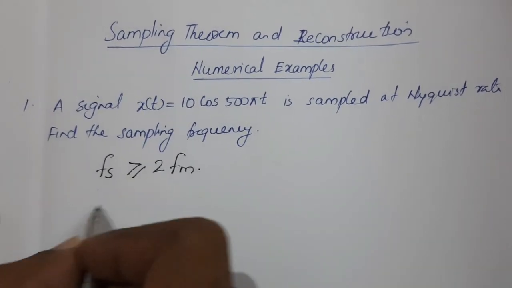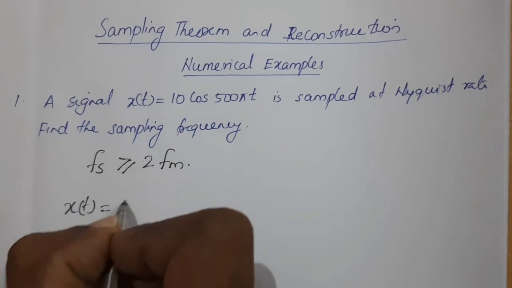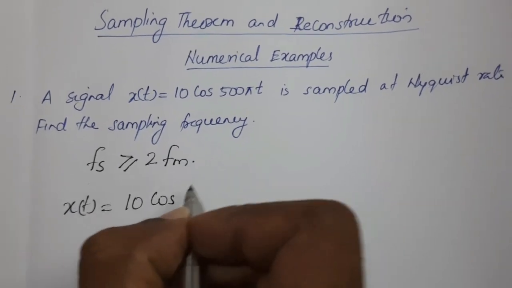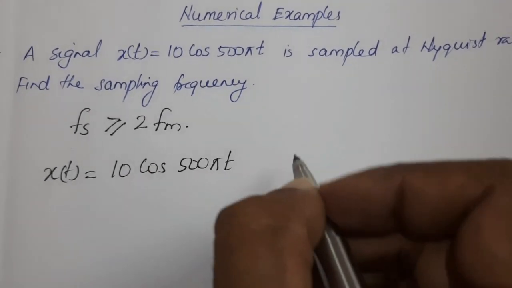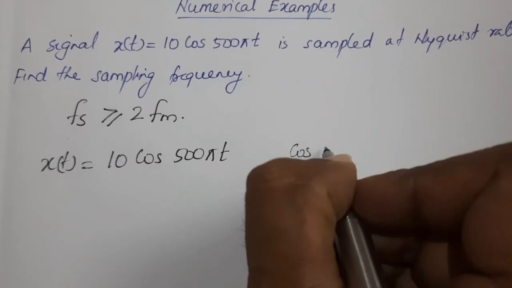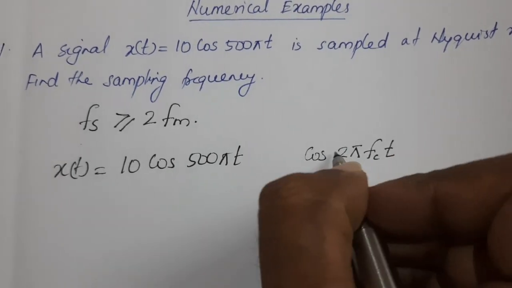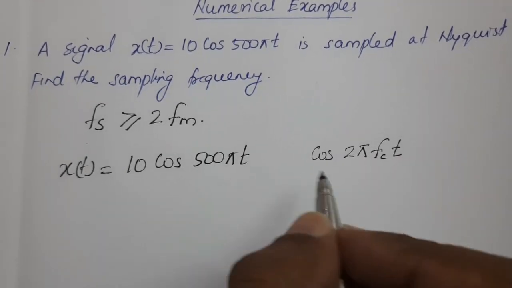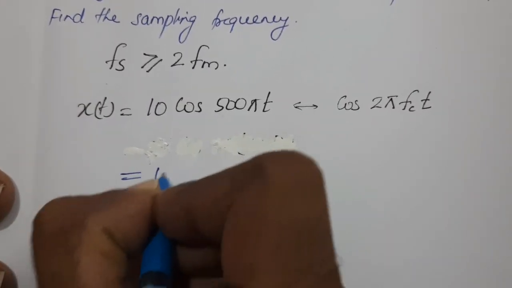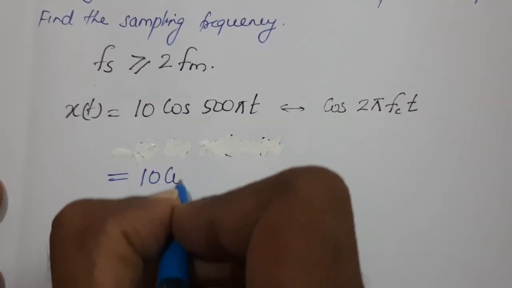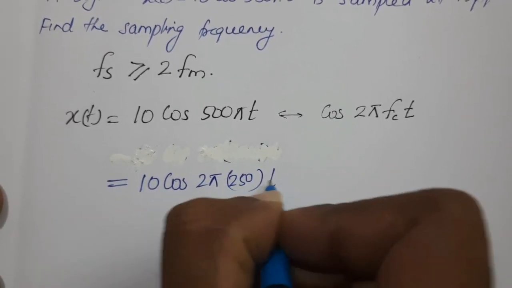The given signal is x(t) equal to 10 cos 500 pi t. Generally we know that cos 2 pi fc t. So comparing these two equations, this is equal to 10 cos 2 pi into 250 into t.